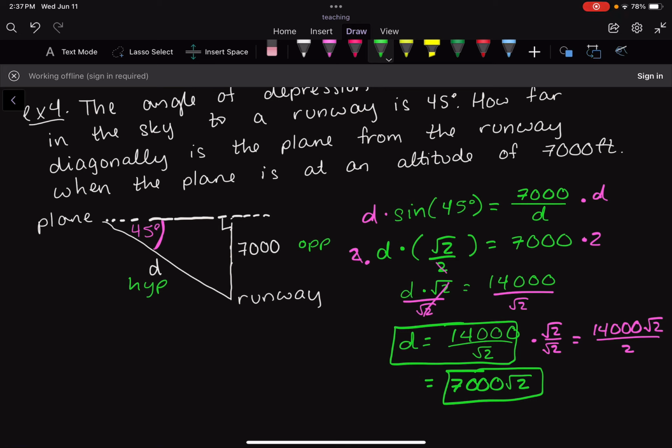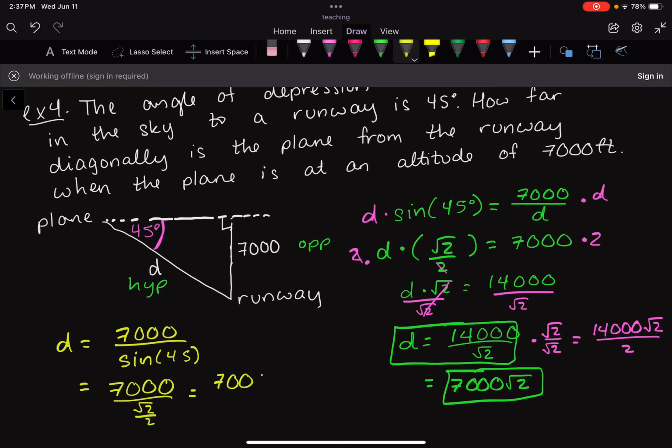There's different ways to solve that one, so just be careful. I've had people do this in the past, like they solve it for D in the beginning, so they get D equals 7,000 divided by sine of 45. Now sine of 45 is root 2 over 2. But remember, when you divide, that's the same as multiplying by the reciprocal.